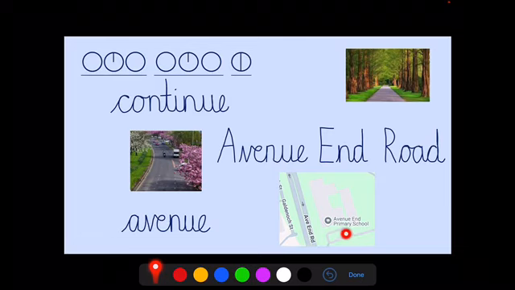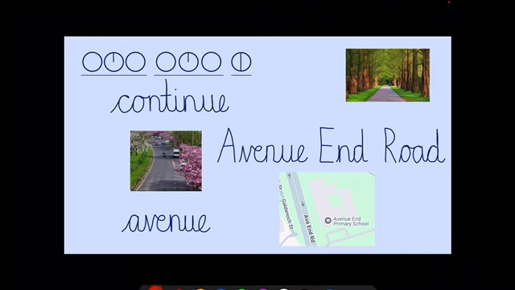Now, avenue is written in full here, but on the map they have shortened it. Obviously thought that name took up too much space.